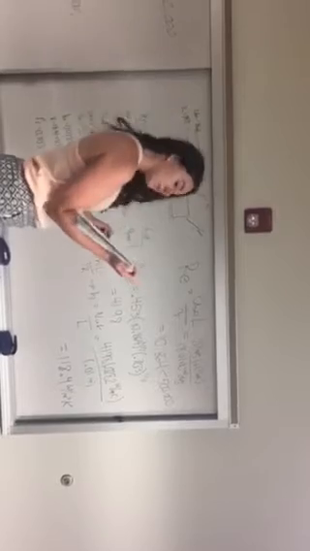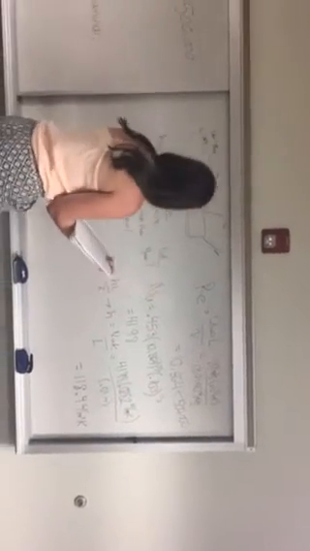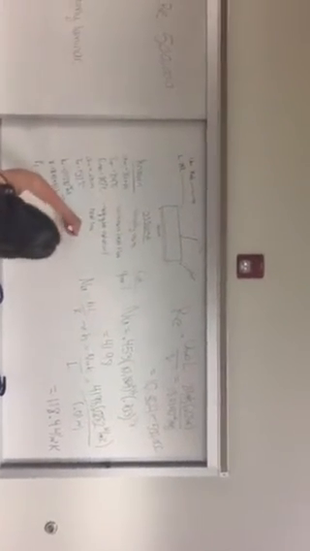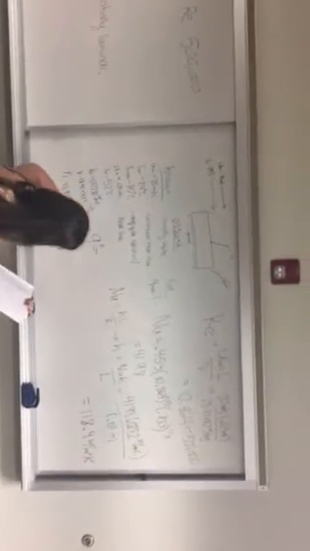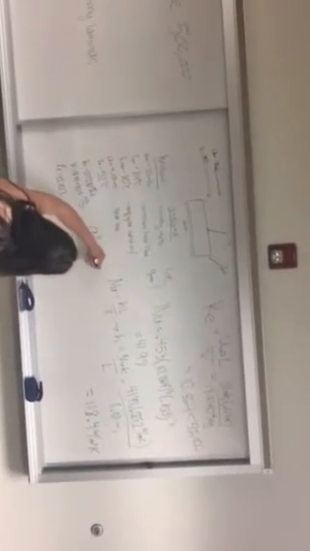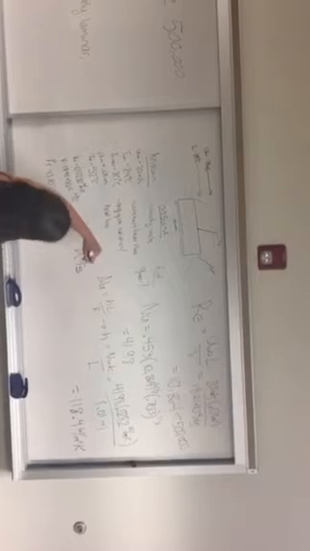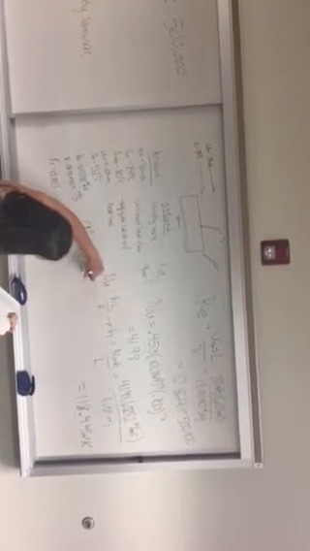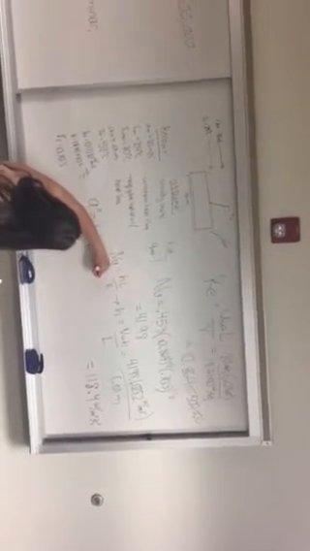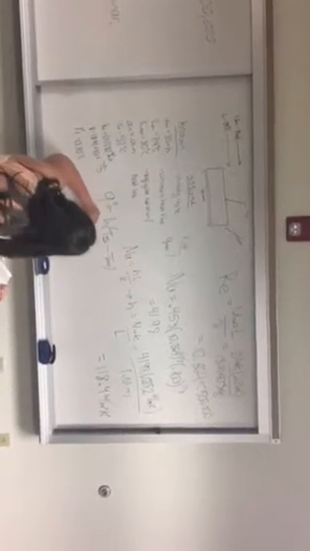Now that we have h, we can plug this in to find our heat flux. The equation is q double prime equals h times Ts, which is our max value of 80 degrees Celsius, minus T infinity.